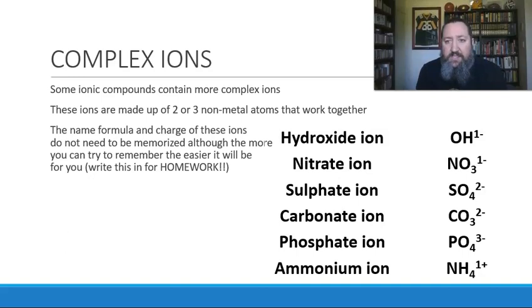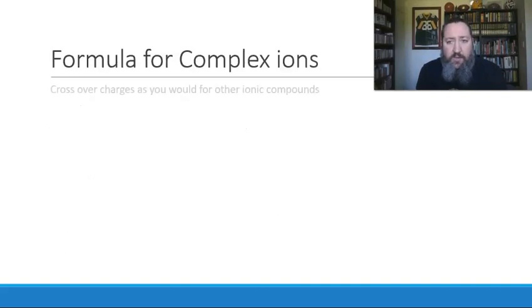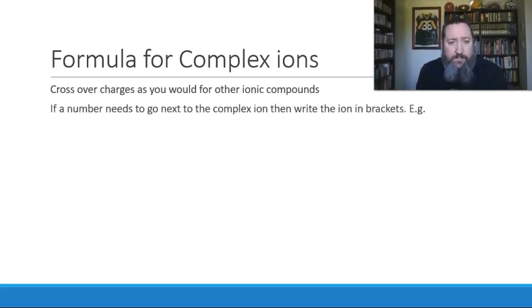Looking at the formula and the way we would use these, we treat them basically the same as any other compound. Start with the two ions: Mg2+, the same magnesium ion we've seen previously, and OH1-, the hydroxide ion seen on the previous slide. We swap and drop, and we end up with 1 magnesium and 2 hydroxides.